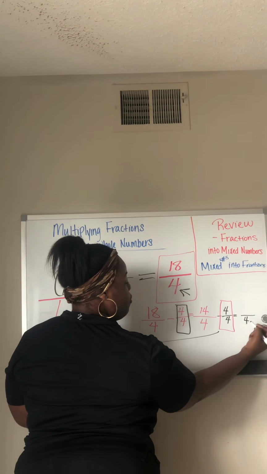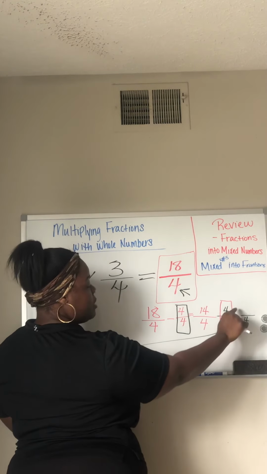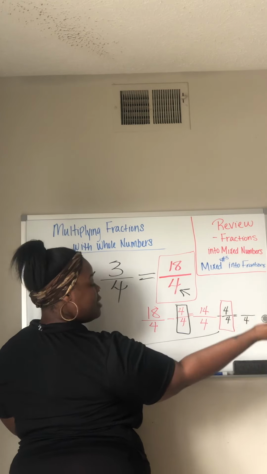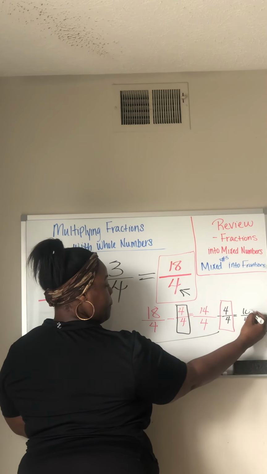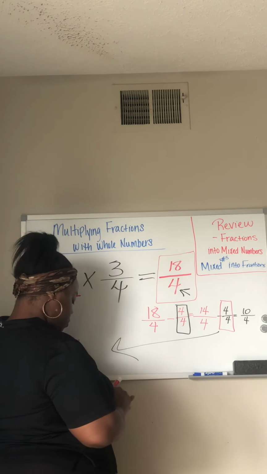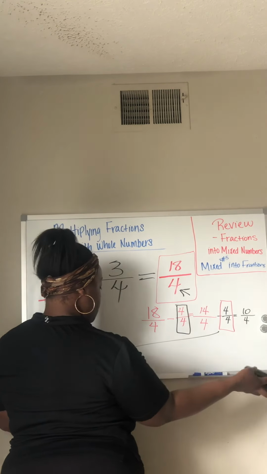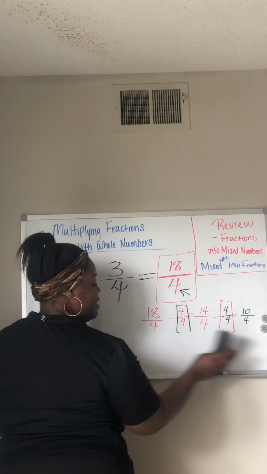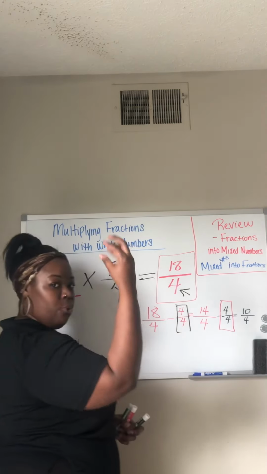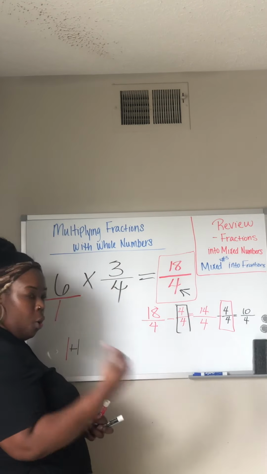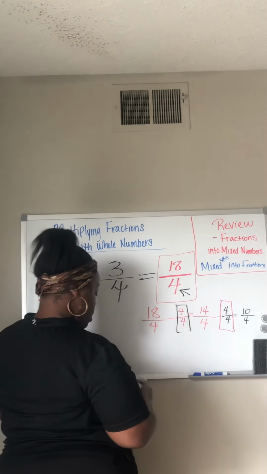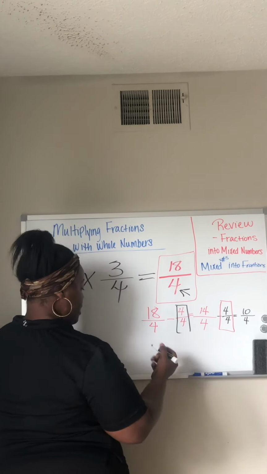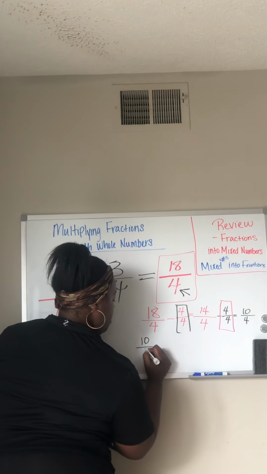Bottom number is going to be 4. You're still going to subtract up top. 14 minus 4 is 10. We have 10 over 4. We still can pull 1 more 4 over 4.